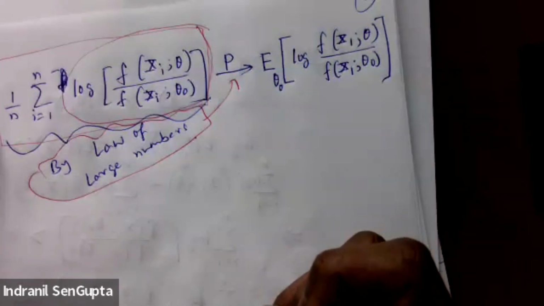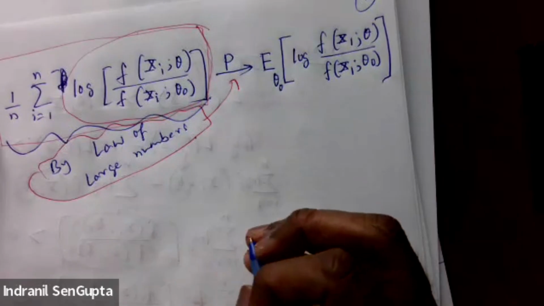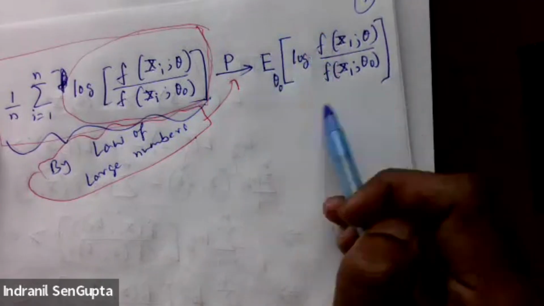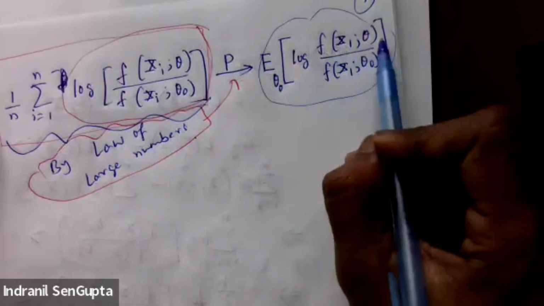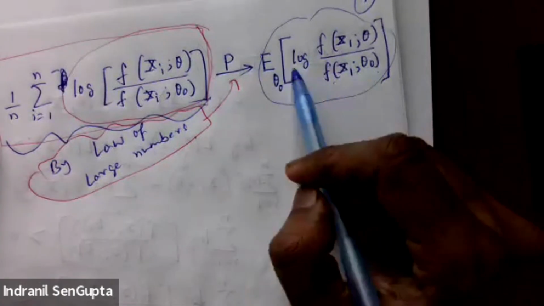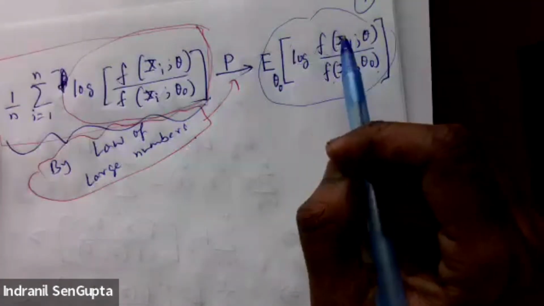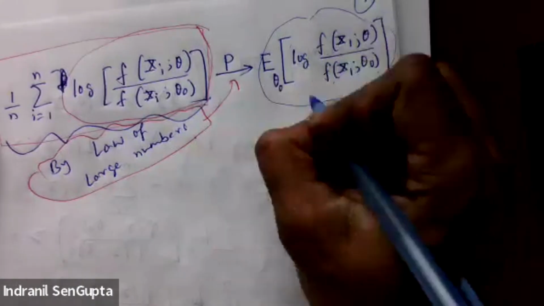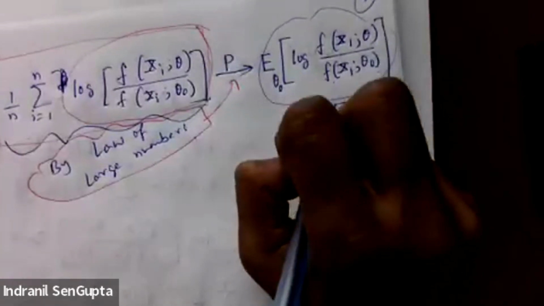Now one more thing you have to be really careful about. Whenever we are having this quantity, I don't want this f of x theta to equal f of x theta 0, which is the first assumption for regularity.